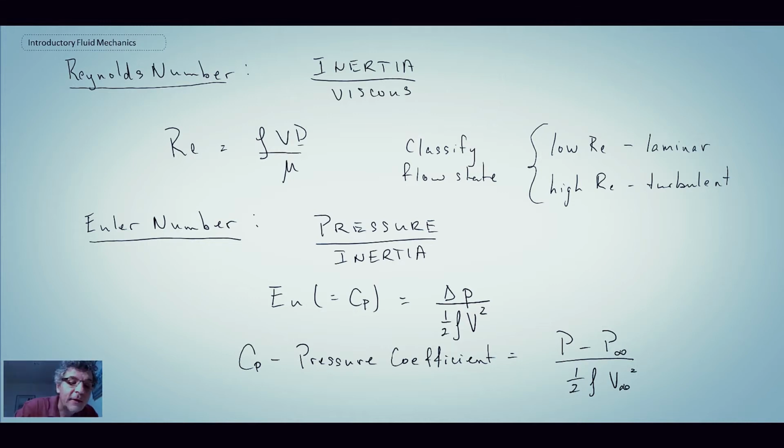Now, the term in the denominator here is often referred to as dynamic pressure, and it is sometimes given the symbol Q infinity. And the other term in here, P infinity, is the free stream static pressure.